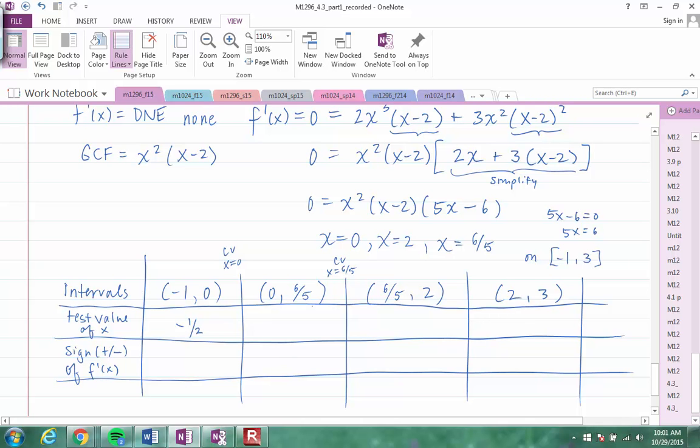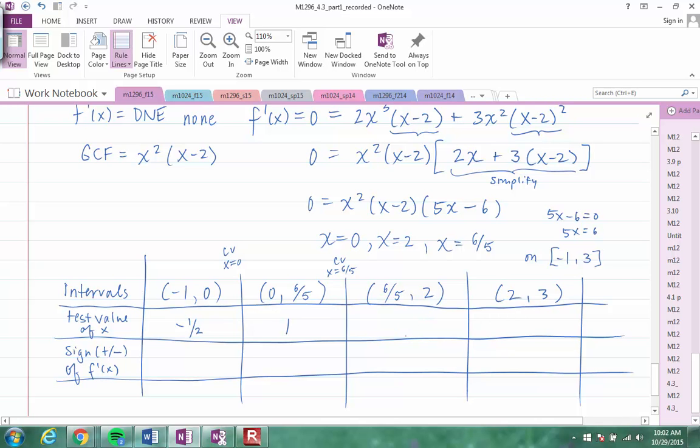Now 0 to 6/5, the really obvious choice is 1 because it's easy to plug into f prime. We'll do that in a minute. Again, you cannot pick the endpoints. That's where the character changes. It's at a critical value, so we already know there's something going on there.